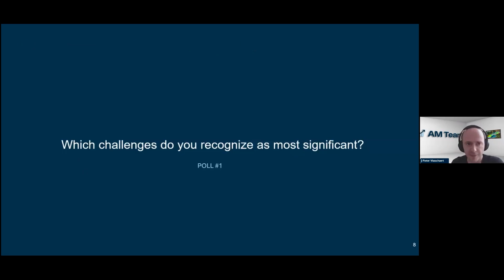So these were a bit the challenges, and maybe we can already go to the first poll question, because we have foreseen a poll. So if you look at those challenges, which one of those challenges do you recognize as the most significant when you need to plan or design such a plant? Is it every water matrix is unique? Is it the lab tests leave many questions still unanswered?